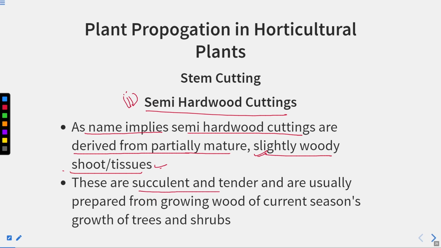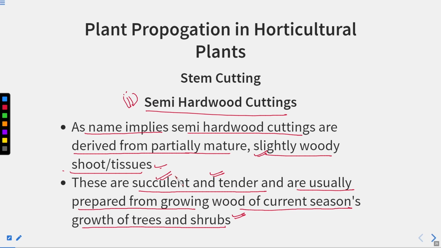There are succulent and tender ones, usually prepared from growing wood of the current season of trees and shrubs. So make sure that the plant is of the current growing season, and you must take a succulent and tender one. Succulent, why? Because it must contain an enormous amount of water, right? The stem must not be dried. It must be succulent.